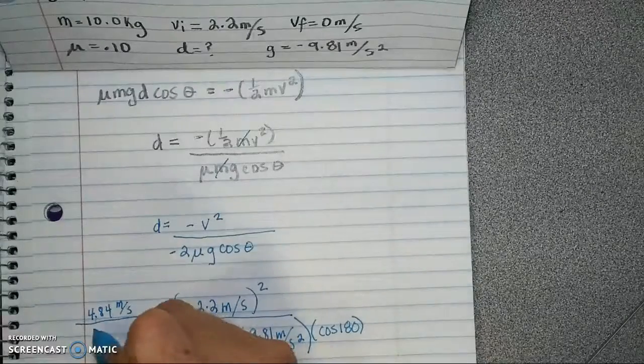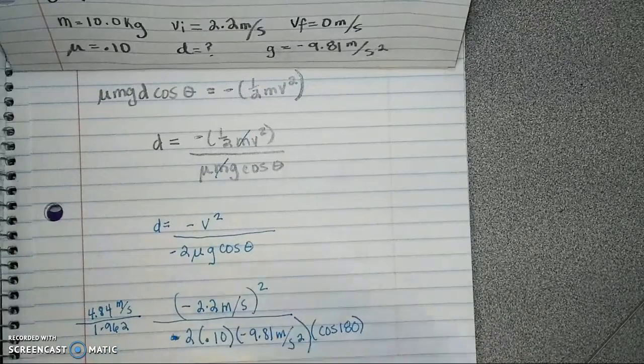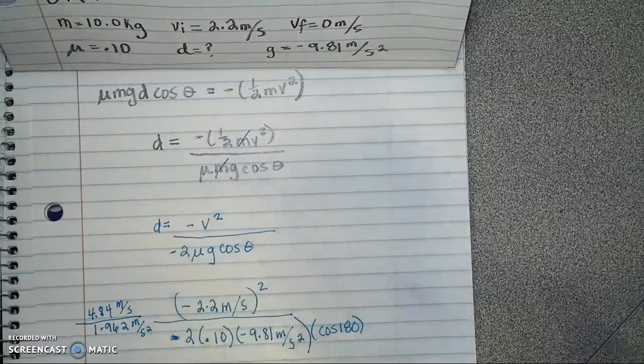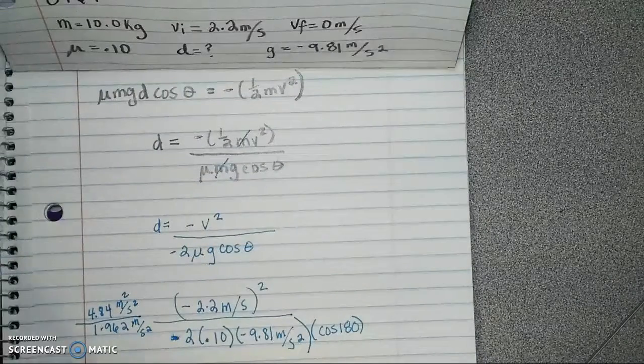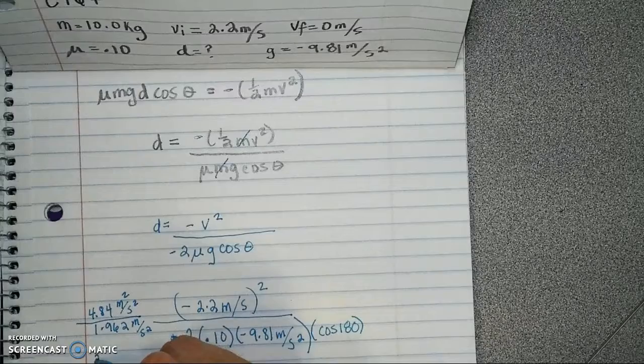So the negatives cancel each other out. You have 1.962. And that's meters per second squared. And this one is meters squared per second squared. So divide those two. 4.84 divided by 1.96, and you get a total of 2.47 or 2.5.